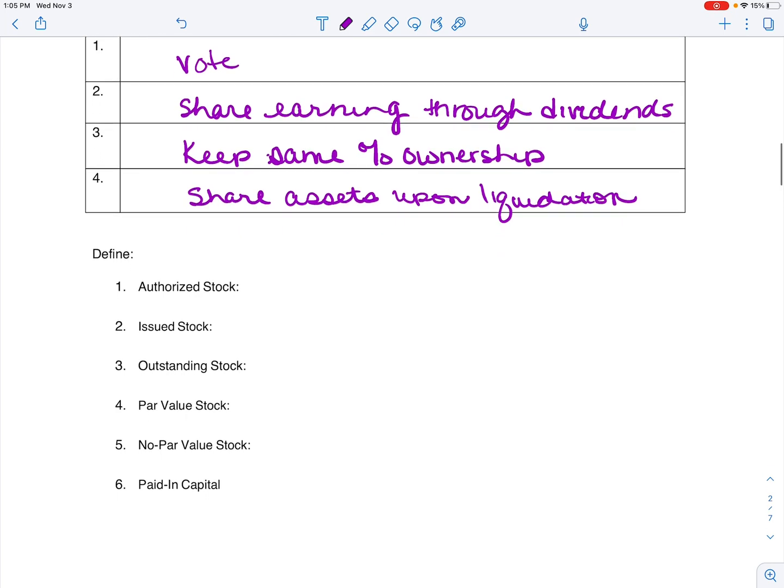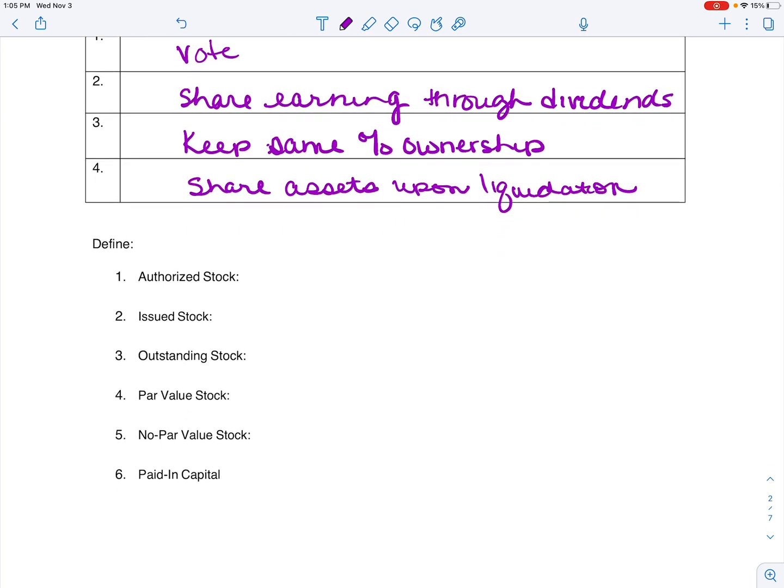When it comes to being a shareholder, we have to understand stock. And stock is sometimes scary just because people think it's complicated. It's not that complicated. We're going to walk you through just the basics in this chapter. We do have to understand some of the terms that go with stocks.